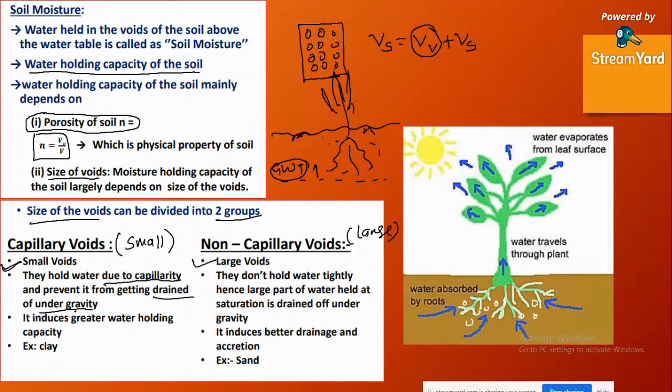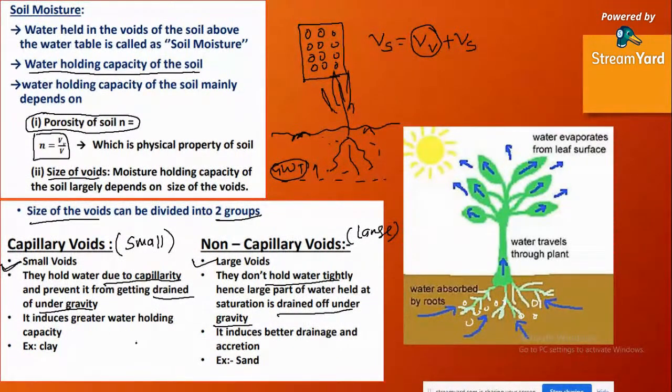But in non-capillary voids, as the void size is very large, they do not hold the water tightly. Hence a larger part of the water will be drained off due to the action of gravity.